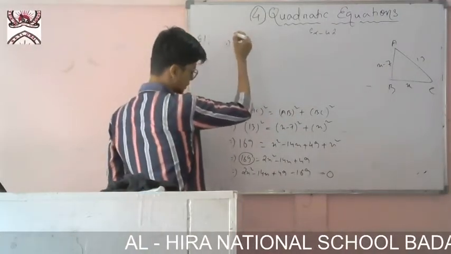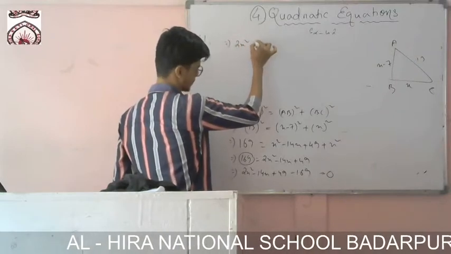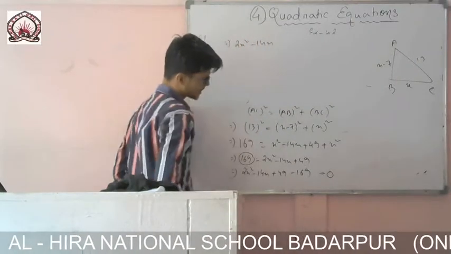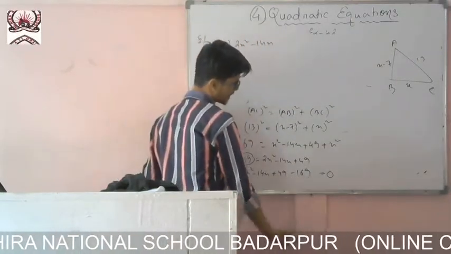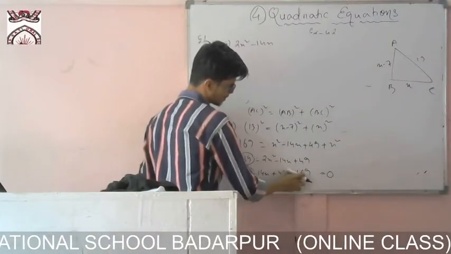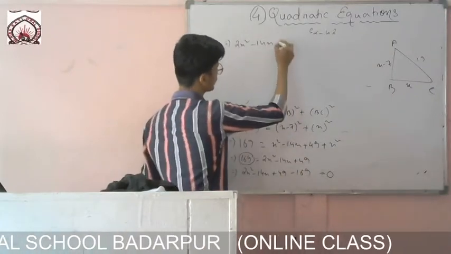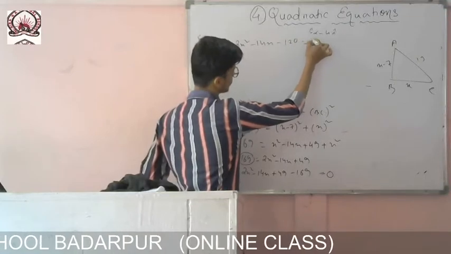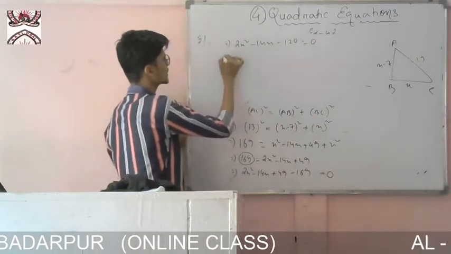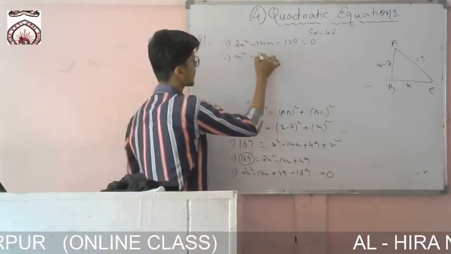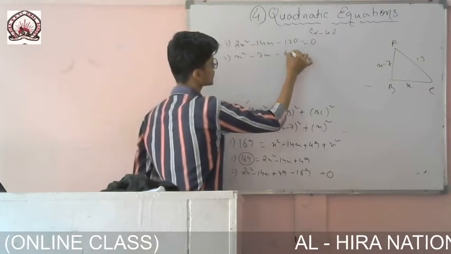So after that what will come here? 2x square minus 14x, and if I subtract from 169 49, so 9 subtracted, and from 6 I subtract 4, then it will be 120, no? It equals to 0. All are multiple of 2, so I can take 2 common. So there it will be x square minus 7x minus 60 equals to 0.